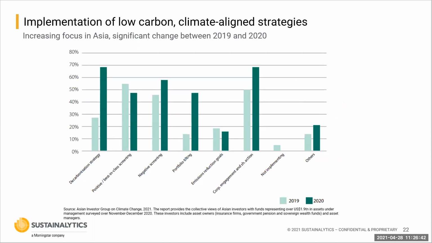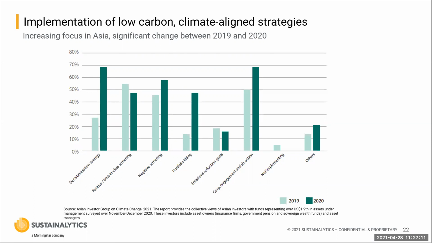Here you see some very interesting stats specifically related to climate and low carbon, produced by the Asian Investor Group in 2021. It highlights how significant the growth has been, particularly on carbon, which is an issue on all of our clients' radar as a key priority, along with others like human rights and business ethics.